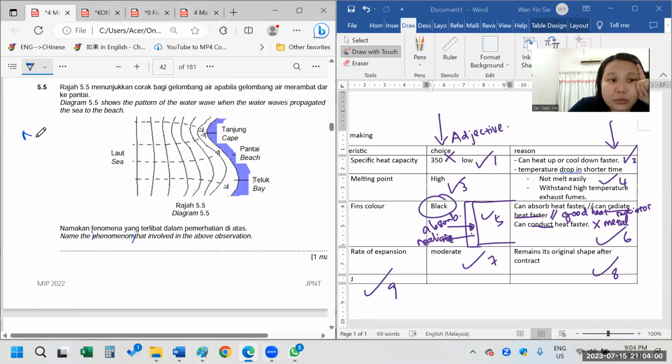Phenomenon normally is reflection, diffraction, and interference.